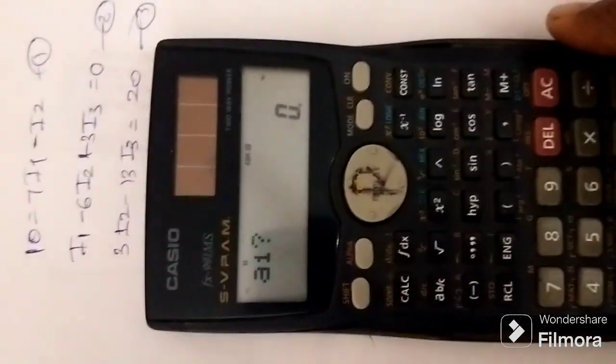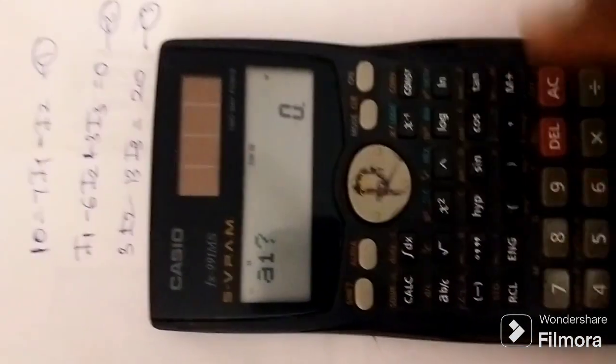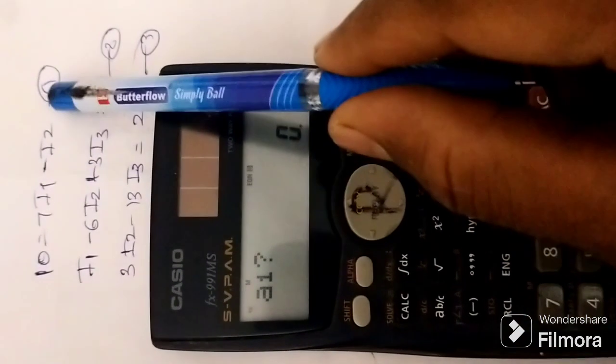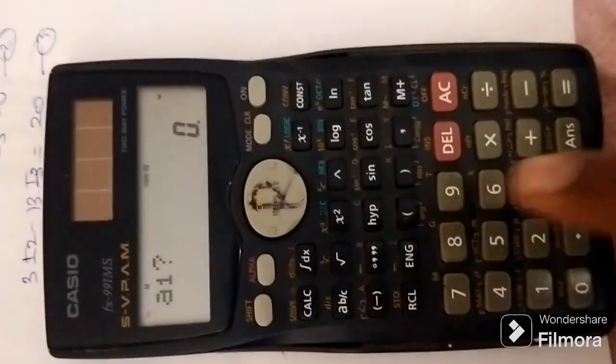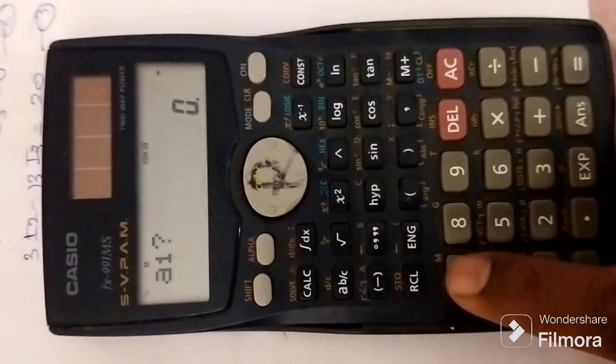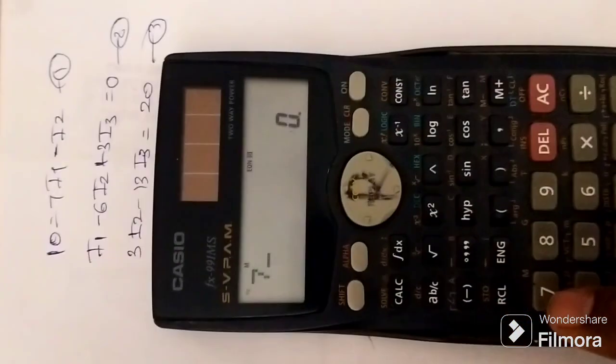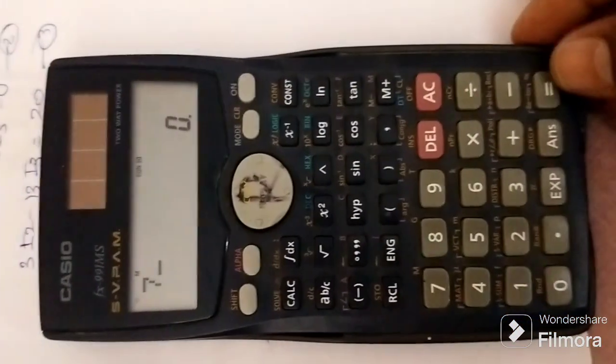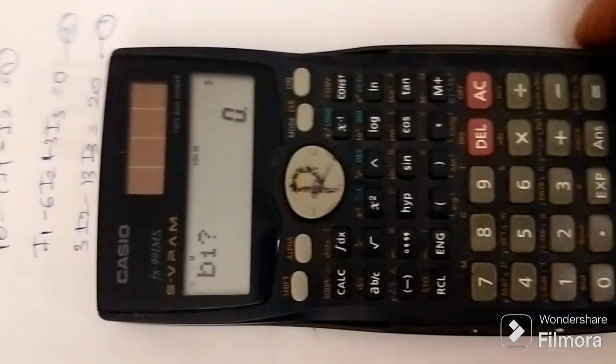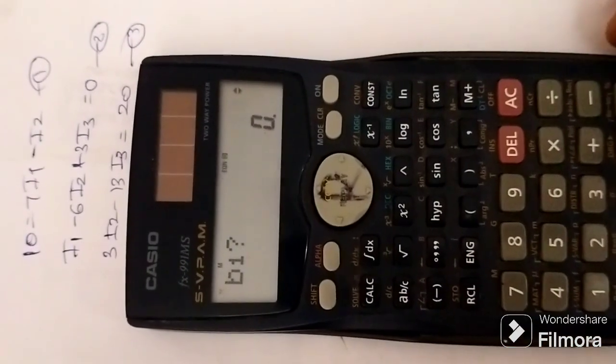Now A1 means the coefficient of I1 in equation number 1. The coefficient of I1 is what here? 7. So we need to press that. A1 is 7. Then next B1. B1 means the coefficient of I2.